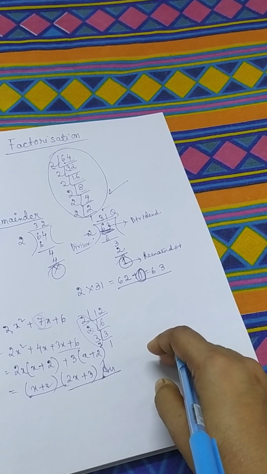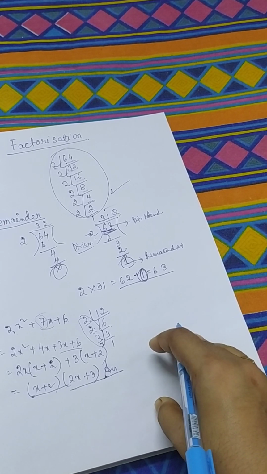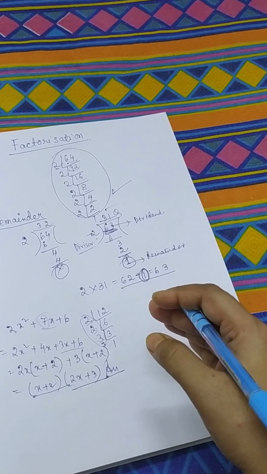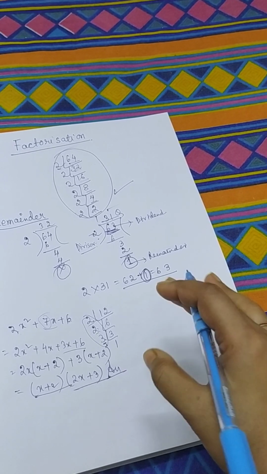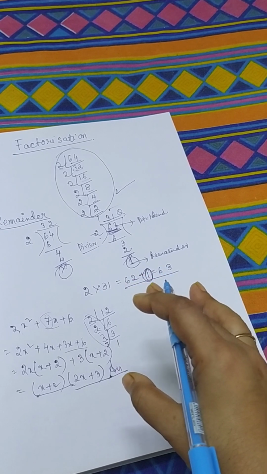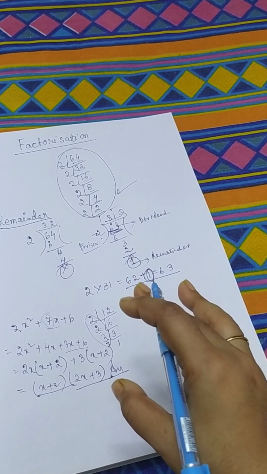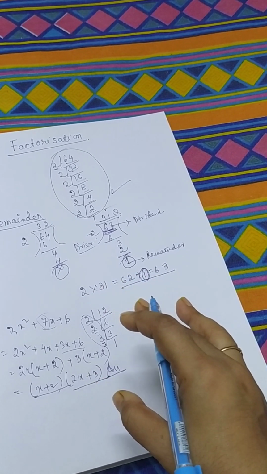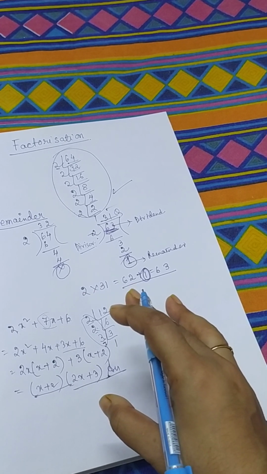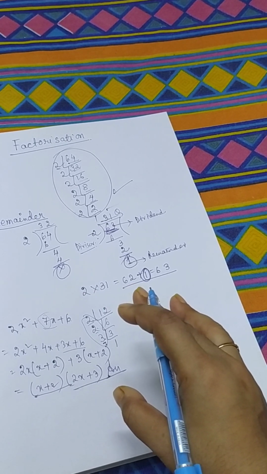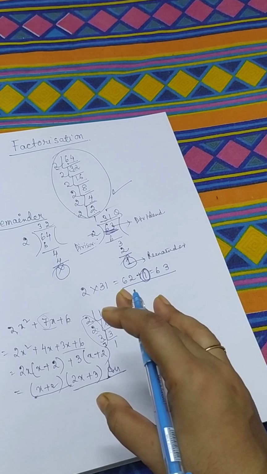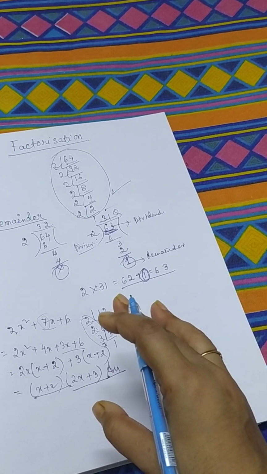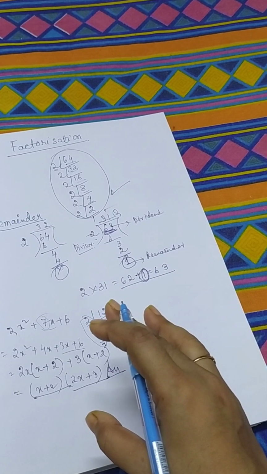But now in class 10 there are some difficulty levels where there will be a remainder. In such cases, we have to take some ideas or situations, or we call it a corollary.